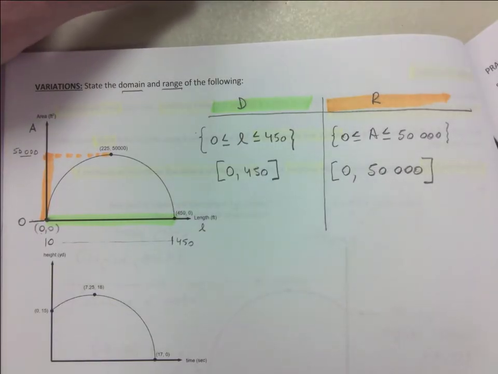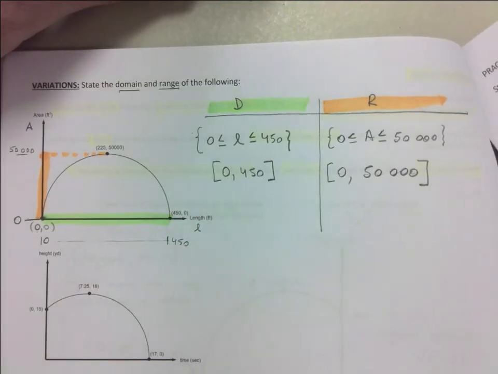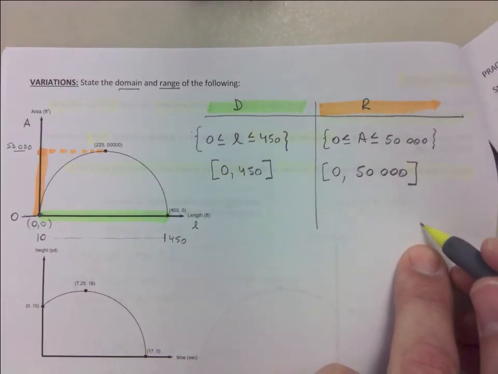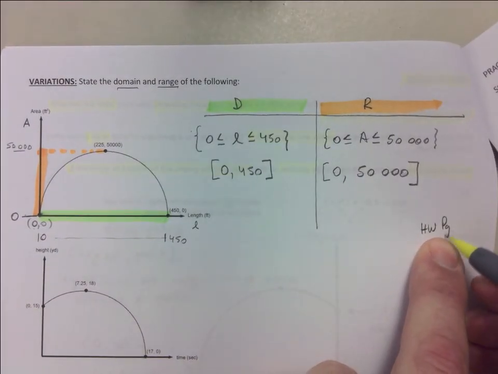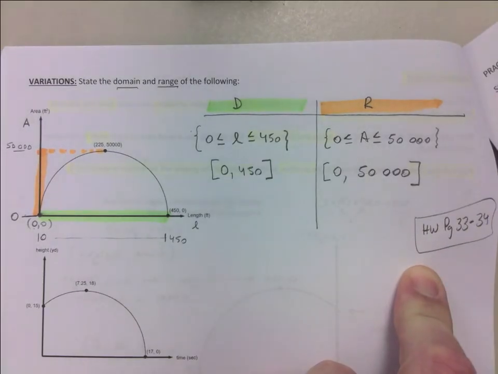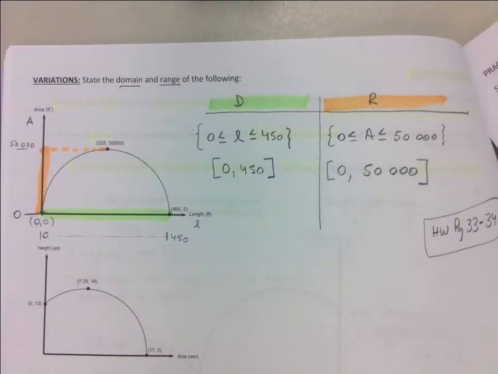So what I'm going to do is this page and 34, I'm going to ask you to do that whenever I'm done here. So it might be homework. If you have some time to do it here, you'll do it here. But I want you to practice this on your own a little bit before I do it, because I think I've done a lot of domain and range. So I'll say homework, page 33 to 34. That's your domain and range practice, because I want to get to the word problem.